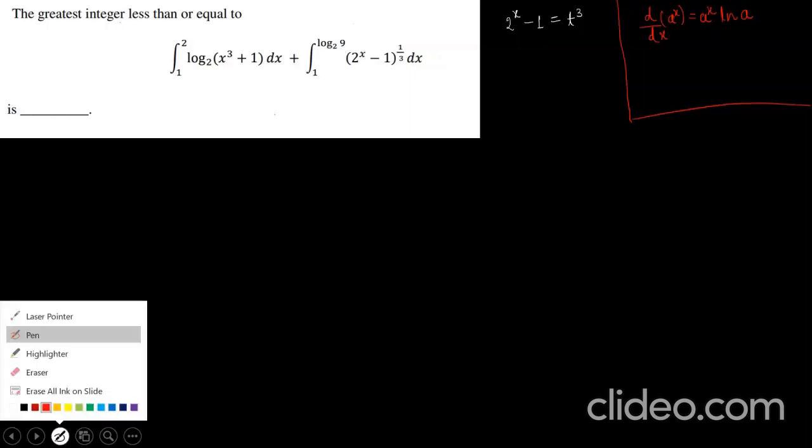So using this formula after differentiating both sides, this will become 2 to the power x natural log of 2 dx, and this will be 3t square dt, equating dx as 3t square dt upon 2 to the power x ln 2.